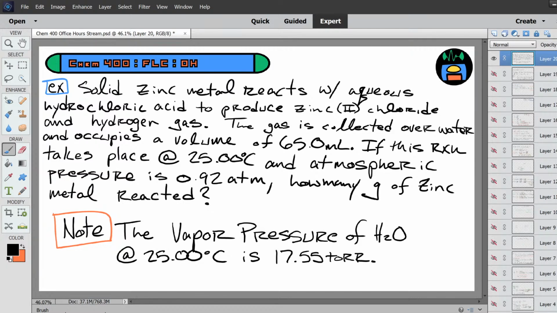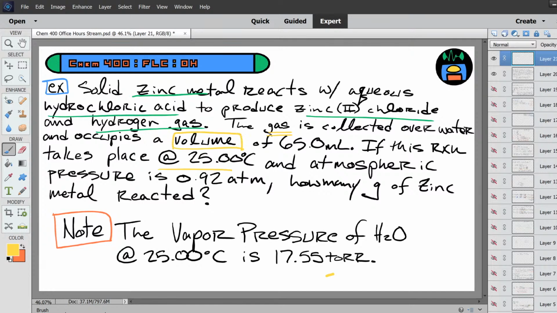Now, we're going to need a reaction here, right? We're told that we've got zinc metal reacting with hydrochloric acid to produce zinc chloride, zinc 2 chloride, and hydrogen gas. We're given a bunch of information about the gas that's formed. We're told a volume.